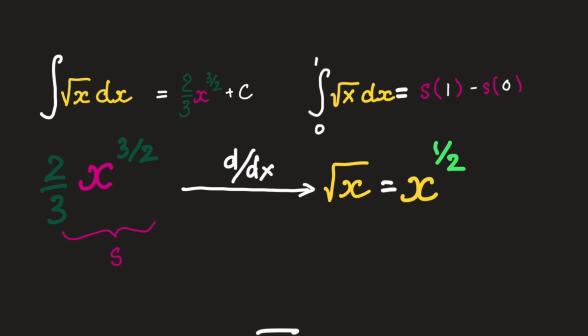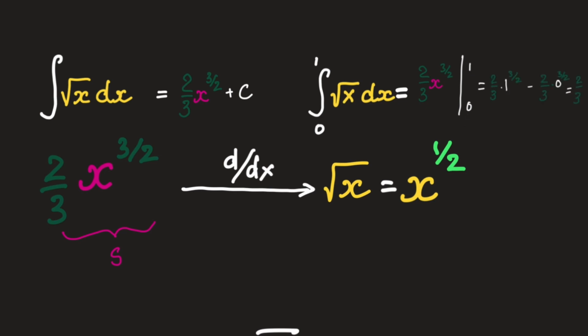Now, to find the definite integral, you want to use the fundamental theorem of calculus. Recall that if we call this antiderivative s, then the fundamental theorem of calculus said that this definite integral is just going to be equal to s of 1 minus s of 0. Another way of writing this is as follows. You write the expression for s and then you put a little bar here with 1 and 0.